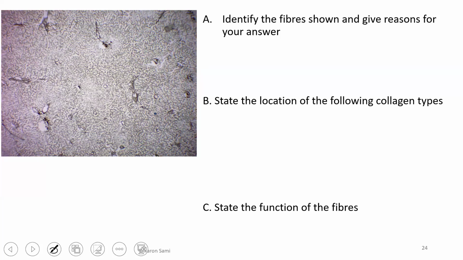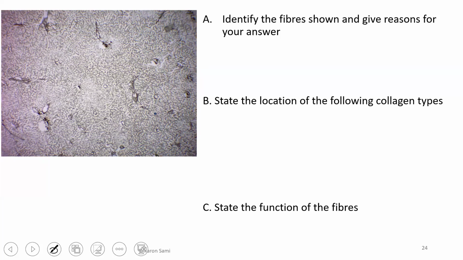So where do you find it? The spleen, the liver, the lungs, bone marrow, very good. Is it lymphatics or the lymph nodes? I think it's the lymph nodes.